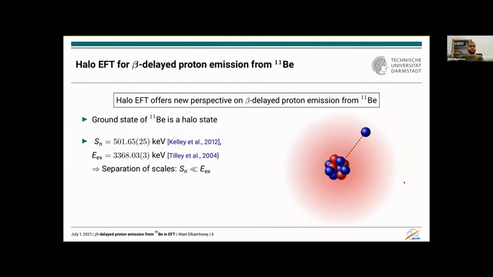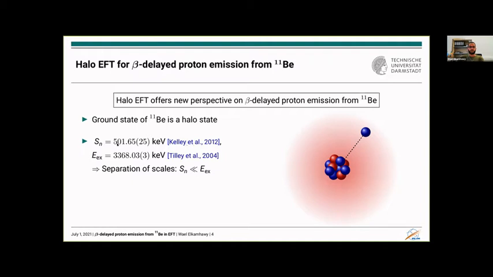Now halo EFT offers a new perspective on beta-delayed proton emission from beryllium-11. As a reminder, and already mentioned many times in this workshop, the ground state of beryllium-11 is a halo state, as depicted here on the right-hand side. In the inner region, we find this tightly bound beryllium-10 core, whereas in the outer region, you have this loosely bound valence neutron.